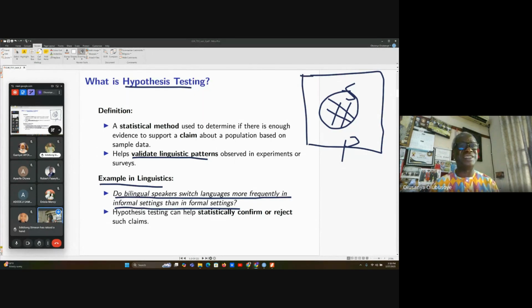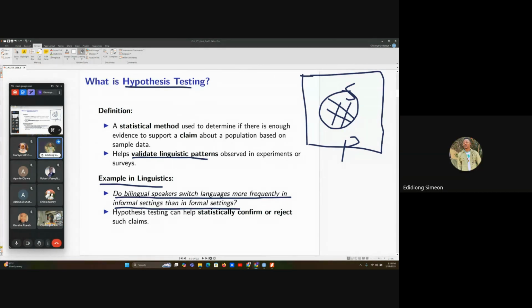Yes, Edidion. I want to contribute to that example. From my own end, I don't really believe that bilingual speakers switch languages more frequently in informal settings. I believe it depends on to whom one is communicating.